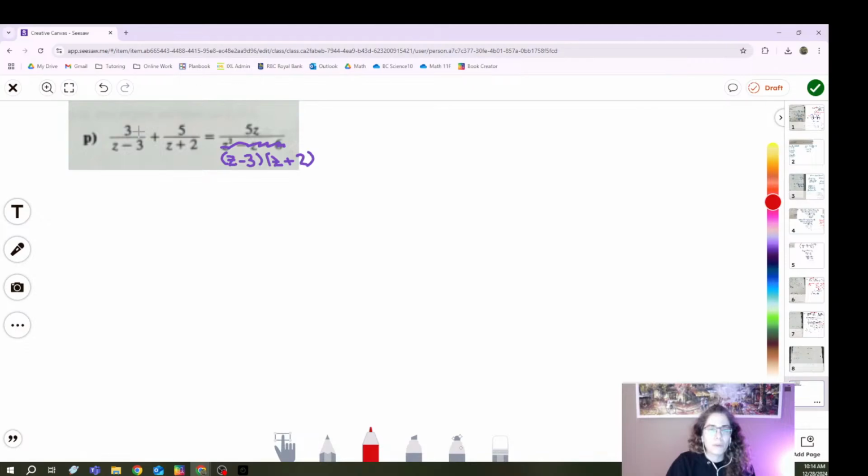What do we get? Okay, and since we're solving, I'm not going to care about writing the common denominator. That's all going to equal just that 5z. Since we didn't have to do anything, the denominator was already good. Okay, combine your terms.